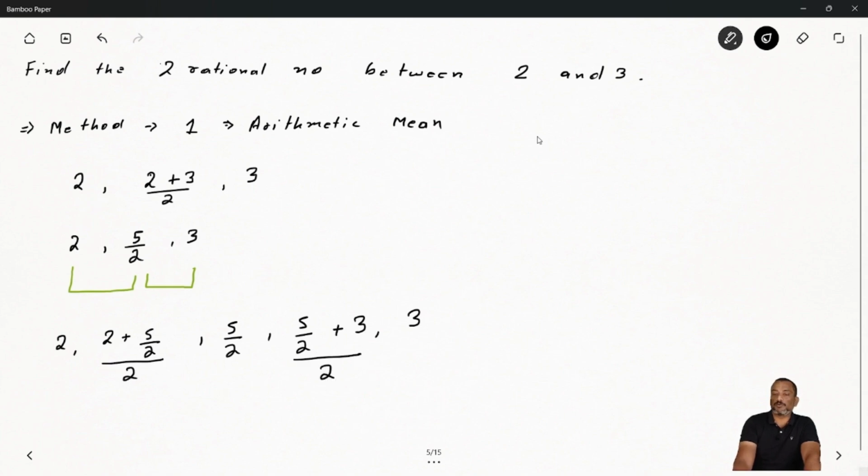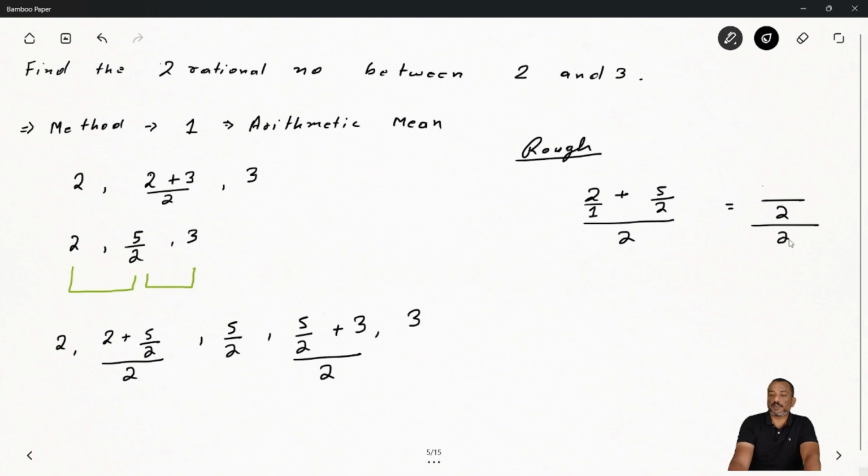If you want, you can do this one in rough also. So in rough, there is 2 plus 5 over 2, over 2. First you can take the LCM here. So this you can consider as 1. So how much will you get here? You will get 2 as the whole number.